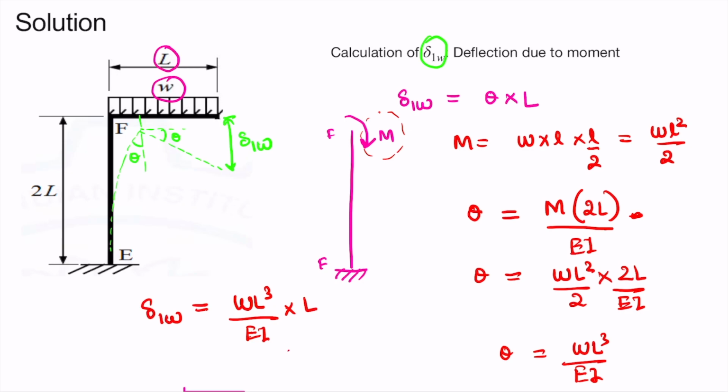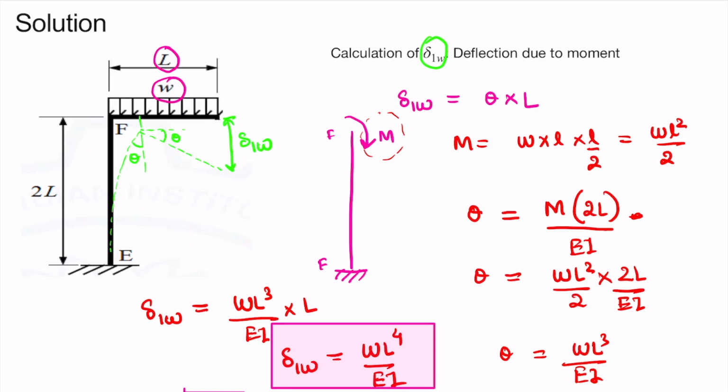Hence finally we get our value of delta 1 W as WL 4 by EI. So we get the first part of our problem, delta 1 W equal to WL 4 by EI.